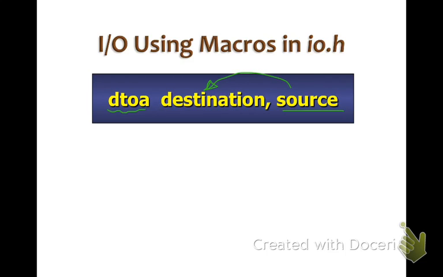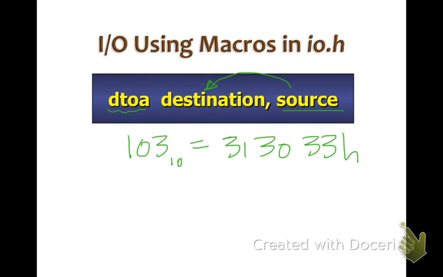Now, a couple things here. So, once again, let's say we have 103. So 103 numeric, I need it to convert this to 313033 hex, which is 103 when we look at it. Okay? Now, here's the tricky thing.